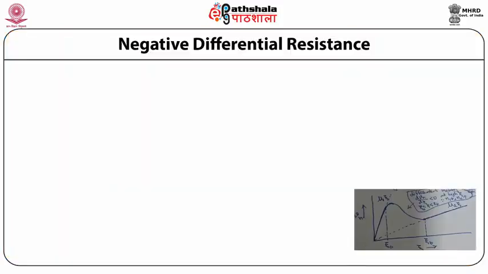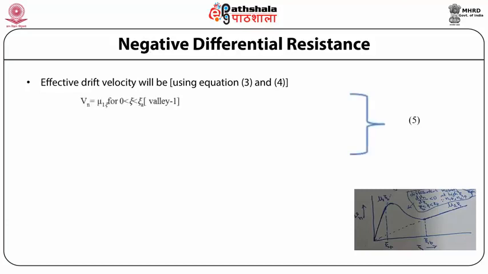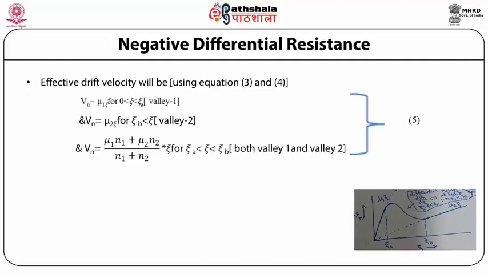So using the previous equations, equation 3 and equation 4, the effective drift velocity will be Vn equal to mu1 zeta for valley 1, that is zeta varying from 0 to zeta A, and Vn equal to mu2 zeta for valley 2, that is zeta B less than zeta, and Vn equal to (mu1 n1 plus mu2 n2) by (n1 plus n2) multiplied by zeta for zeta varying from zeta A to zeta B, that is both valley 1 and valley 2.